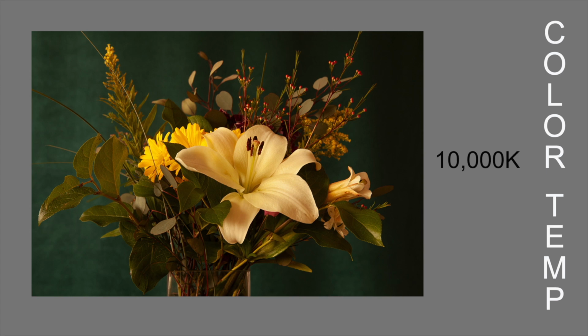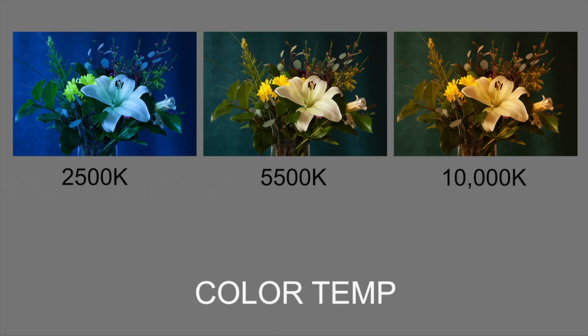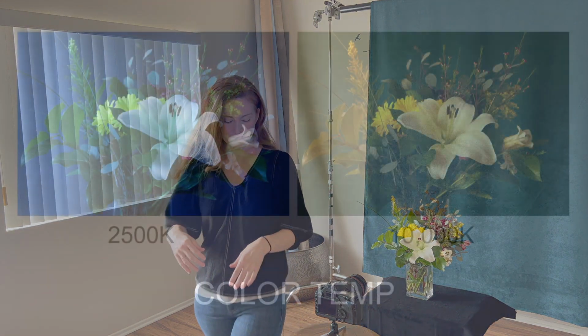You can see that's nice and warm. So this is what allows you to be kind of creative when you're working in a neutral daylight environment. You can use color temperature to add a little coolness or add a little warmth. So that's color temperature.